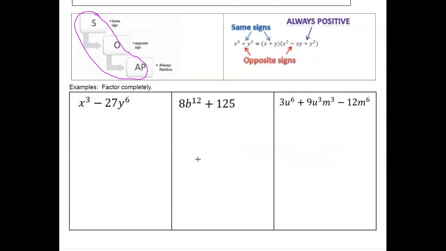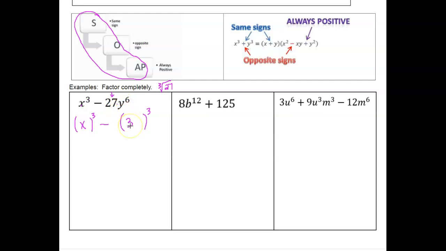So first and foremost, you always want to look for common terms, which this is x, this doesn't have an x, so there's nothing in common. So we are going to split this up. I need to think of what times what times what gives me x cubed. Well, that's just x. Now, this is really two terms, so I'm going to do the 27. You can either take the cubed root of 27, or you can think of what times what times what gives you 27, and it should be the same number.